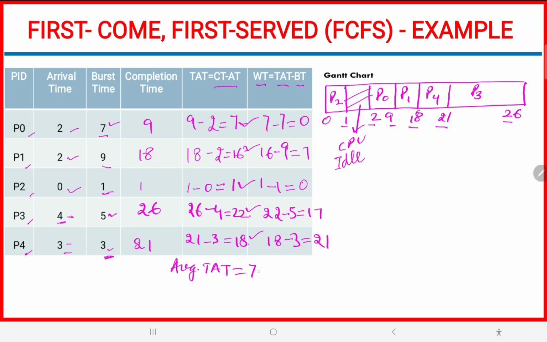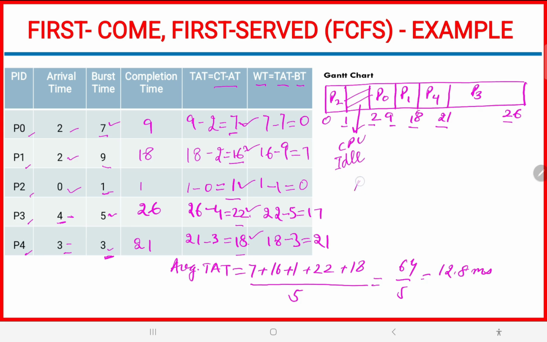I'm adding all the values of the turnaround times. Because the total number of processes in the system is 5, that is from P0 till P4, dividing by 5, it is 64 by 5. So the average turnaround time comes out to be 12.8 milliseconds.